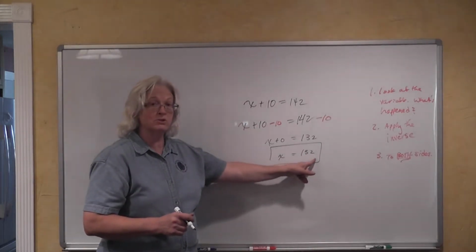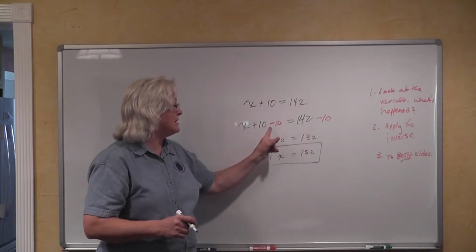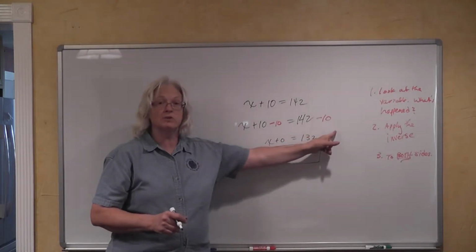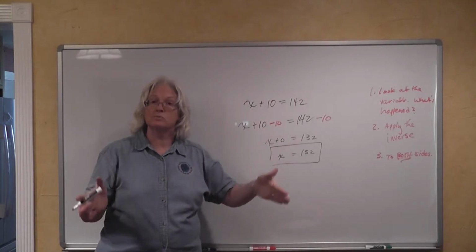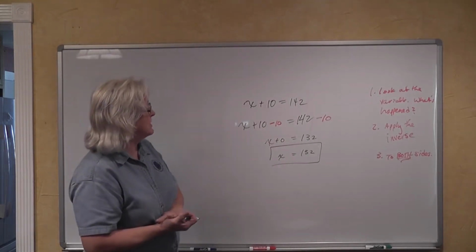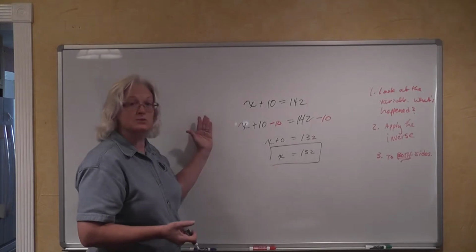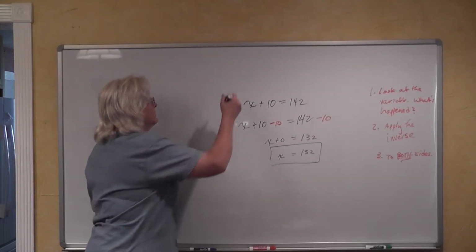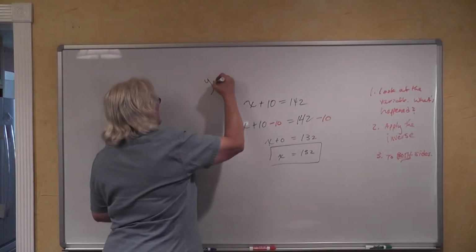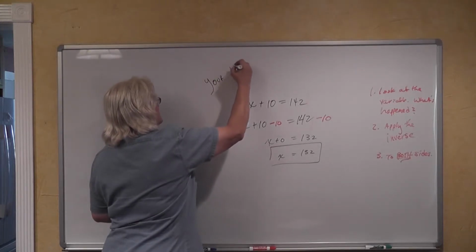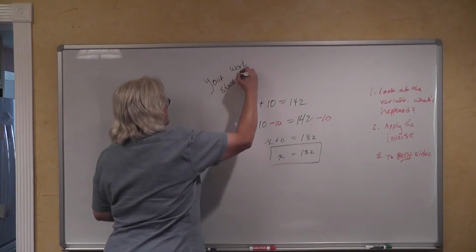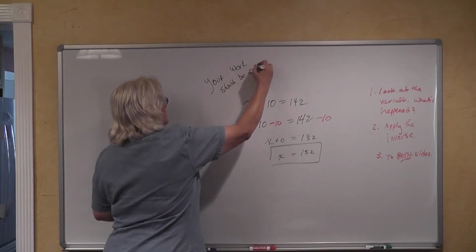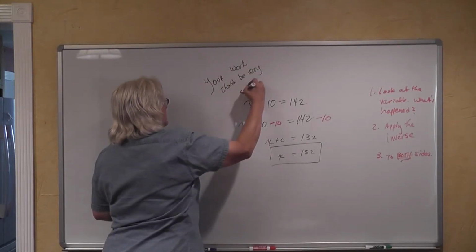We've found our solution of x is 132 by applying the inverse operation of addition, which is subtraction, and by subtracting 10 from both sides of the equation. This is what we're going to be doing forever now, and your work should look like this. Your work should be very, very similar.